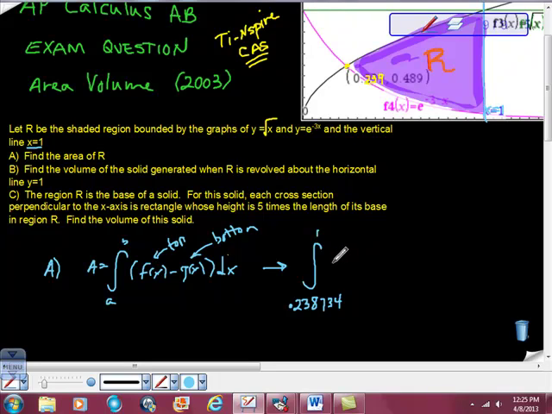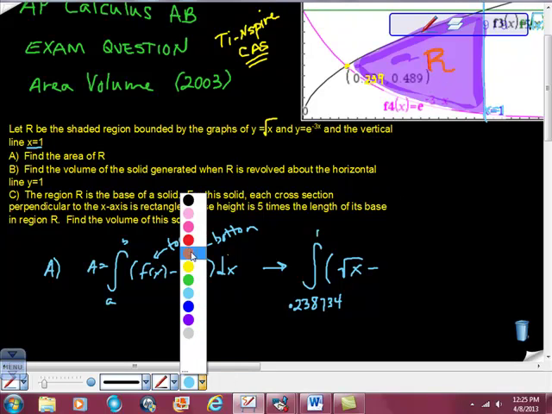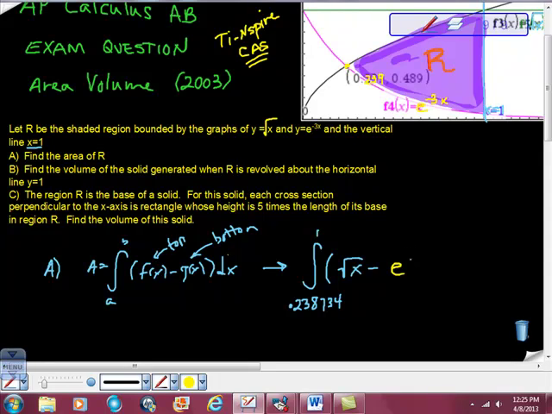Then I ask myself which one is on top. The square root of x is at the top, and the one at the bottom is e to the negative 3x power, so minus e to the negative 3x power.